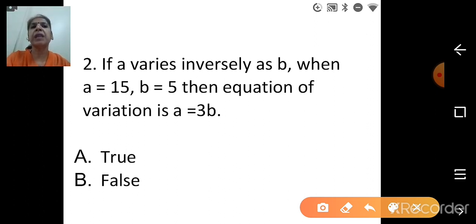A is 15, B is 5, is equal to K. So it should be 15 multiplied by 5. Multiply 15 with 5, you are getting 75. Your constant is 75. So it should be AB is equal to 75. And here it is given A is equal to 3B. So it is false. The answer is false.